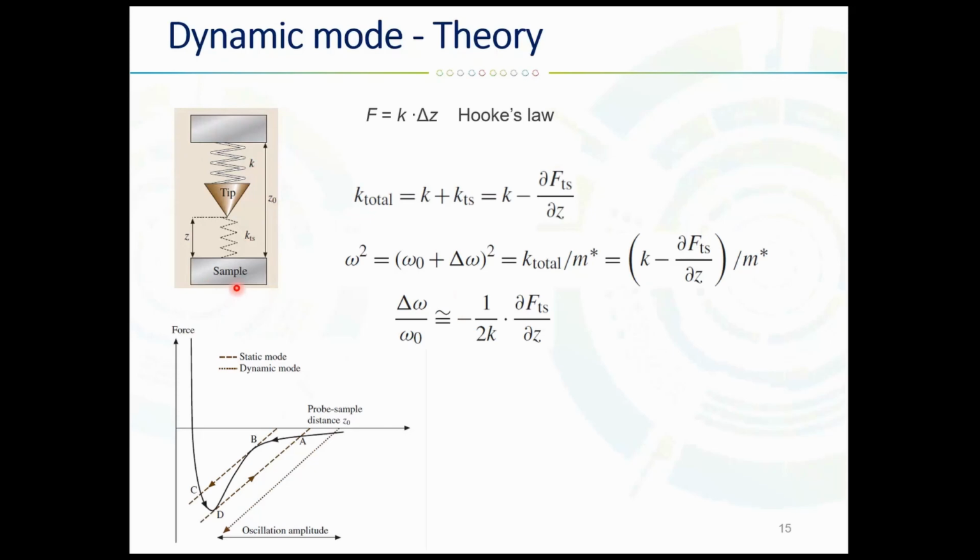Let's assume that the vibration amplitude is small compared to the range of force interaction. The van der Waals force range is over 10 nanometers, so the vibration amplitude should be less than 1 nanometer. That's what it means.